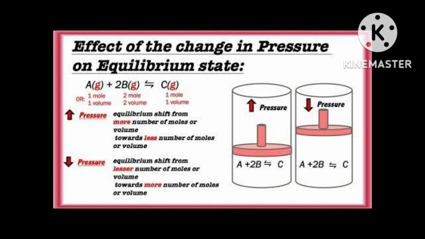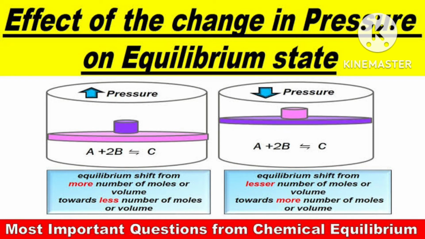Okay, because when you apply pressure, here carbon solid has no role. Then only carbon dioxide is there, only one, and the product is 2 mole. The reactant is only 1 mole because carbon is solid, it will not count. Then if you apply pressure, it will go in a reverse way.